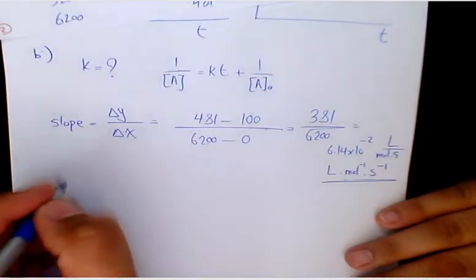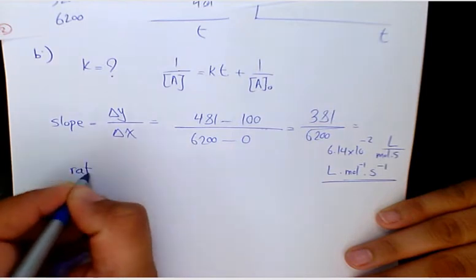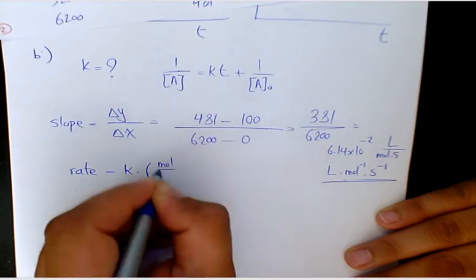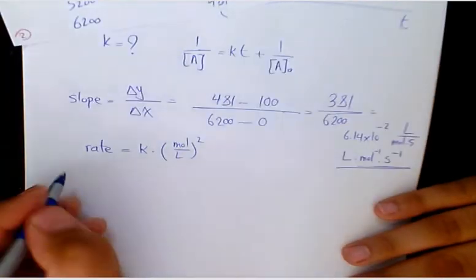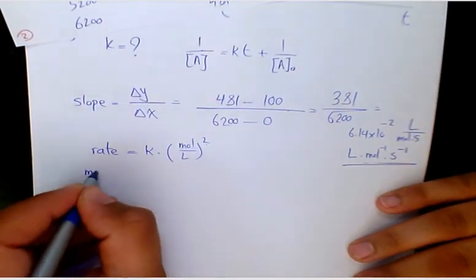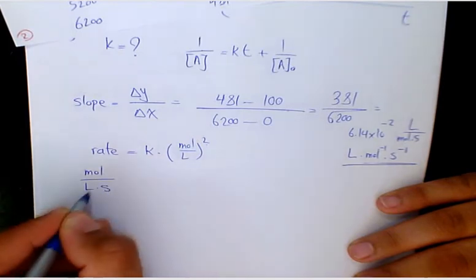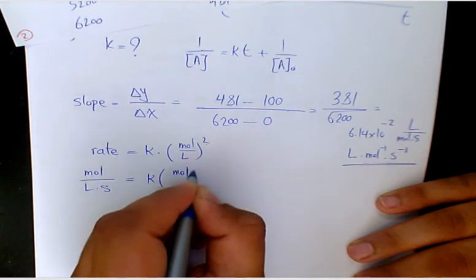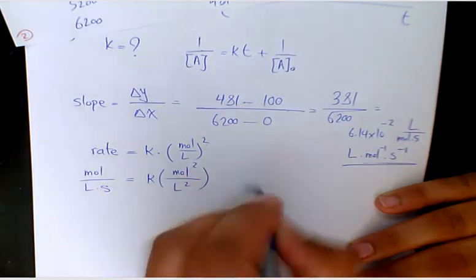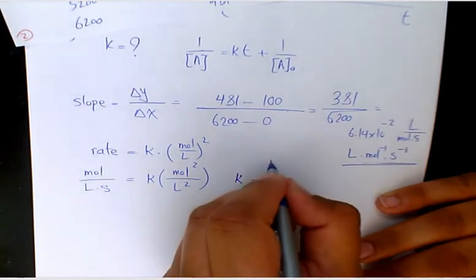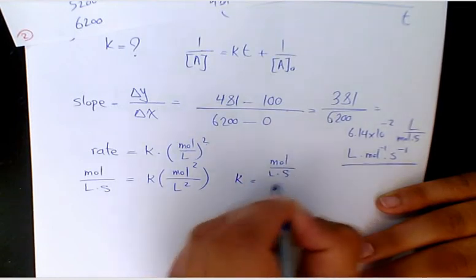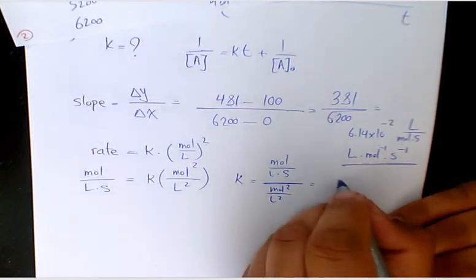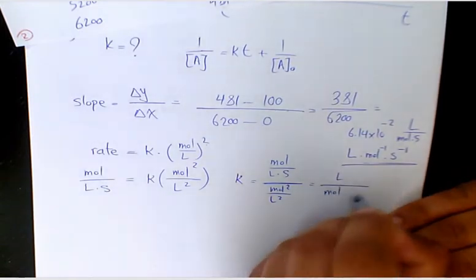Because here rate equals k times concentration to the power of 2. The rate is always mole per liter per second, or mole per liter per time. If we consider second for now, the concentration squared is going to be mole squared over liter squared. So k will be mole per liter per second over mole squared over liter squared. So that's going to be liter per mole per second.